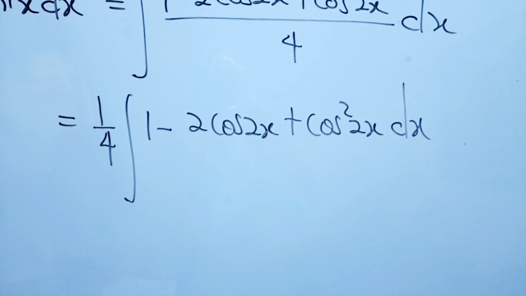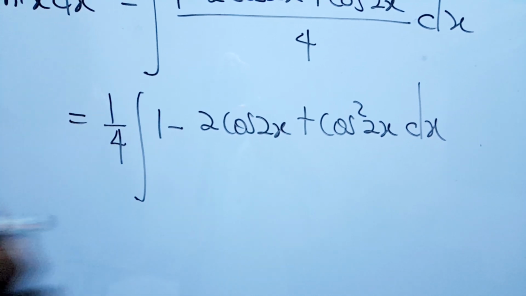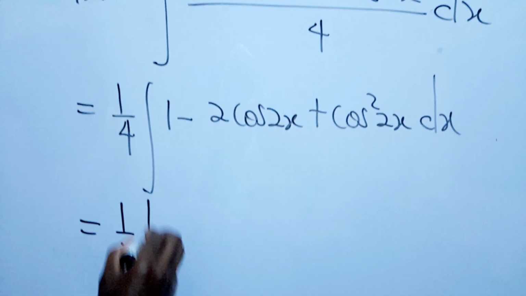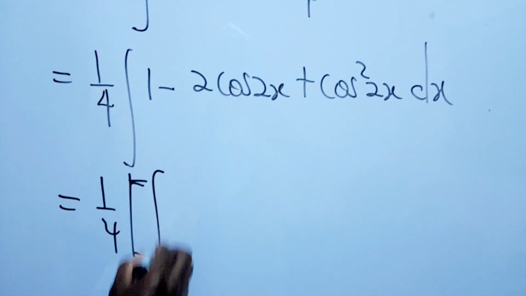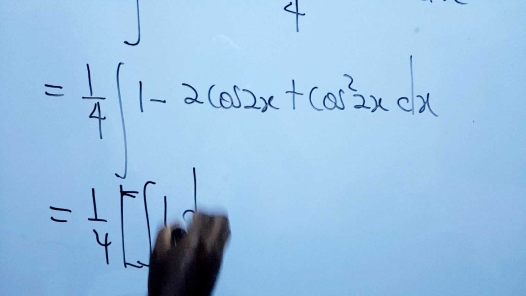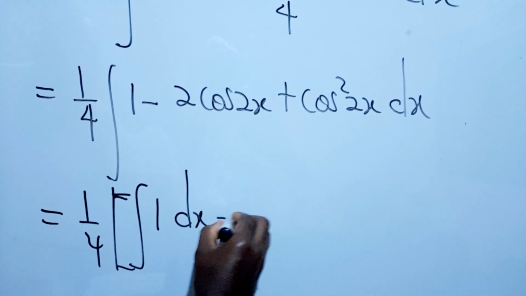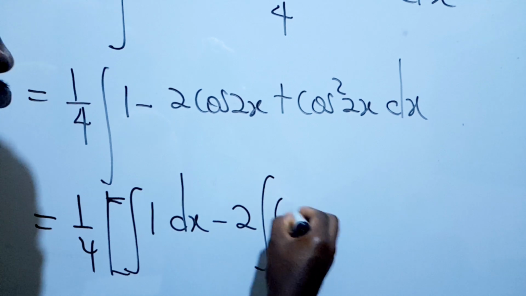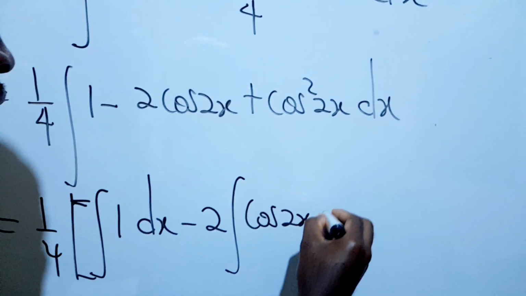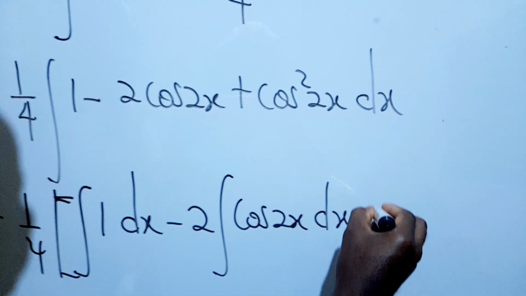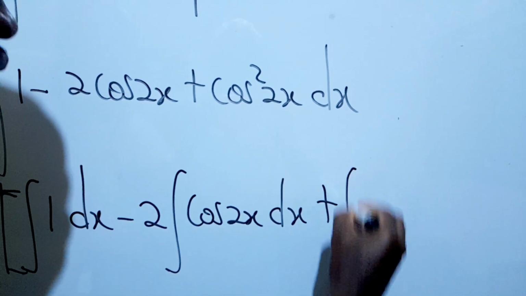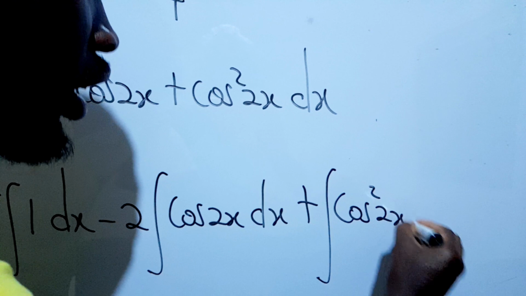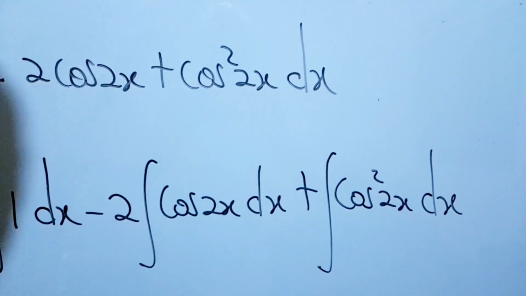So I can split my question as 1 over 4, the integral of 1 dx, minus 2, the integral of cos 2x dx, then plus the integral of cos square 2x dx.